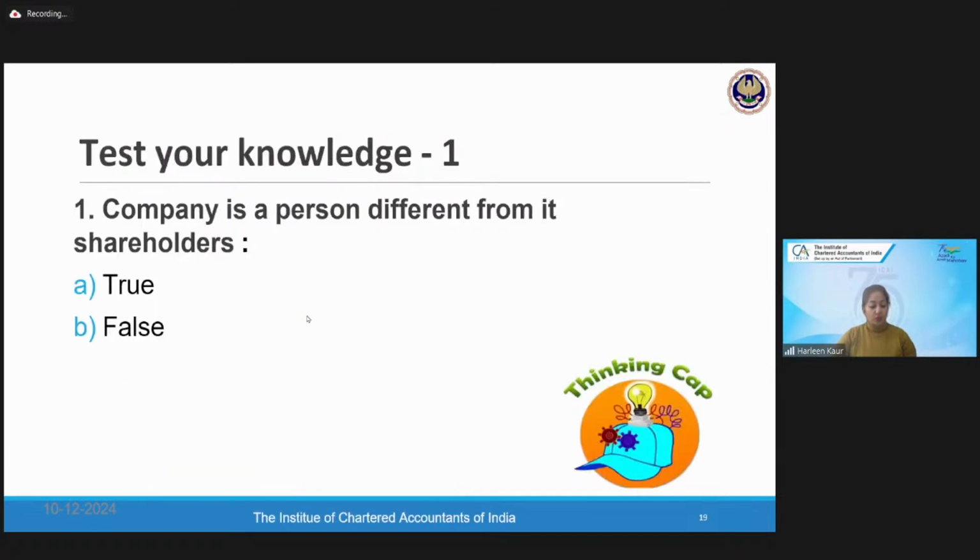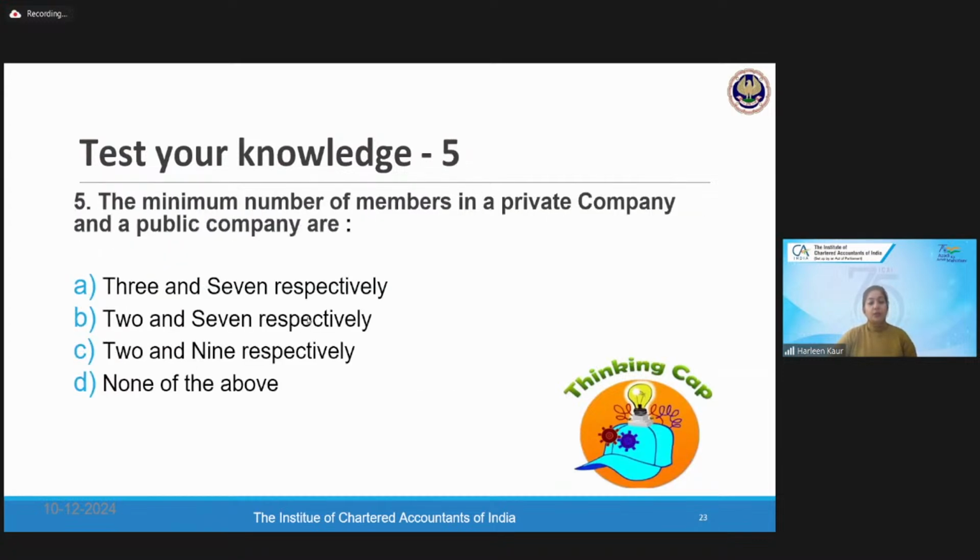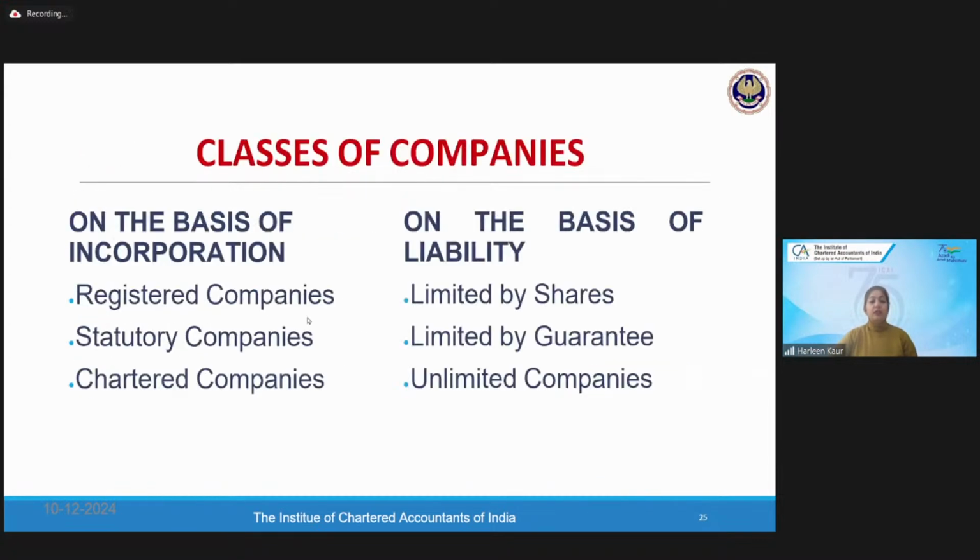Now, testing of your knowledge also happened. We have discussed all these questions in the previous class. Today, we'll be starting with a new topic, different types of companies, what we call classes of companies. So how many types of companies do we have? The first type we are going to do is on the basis of liability.